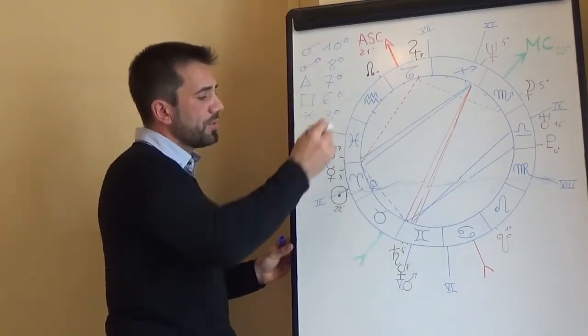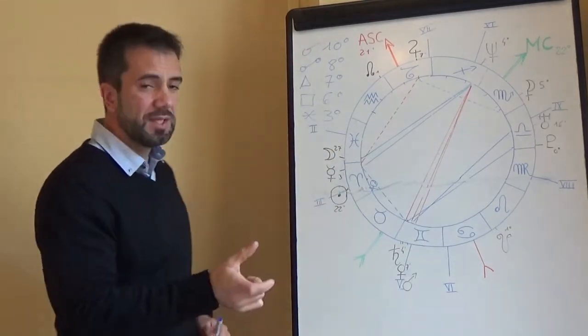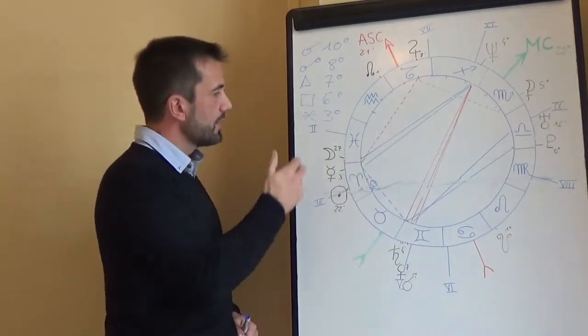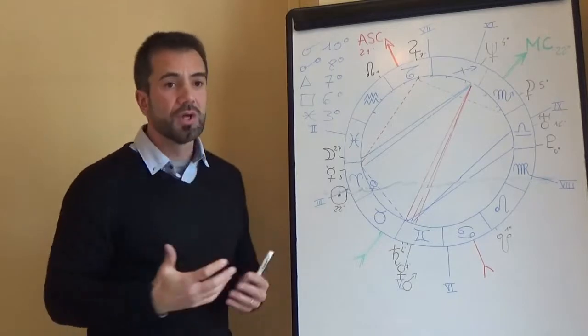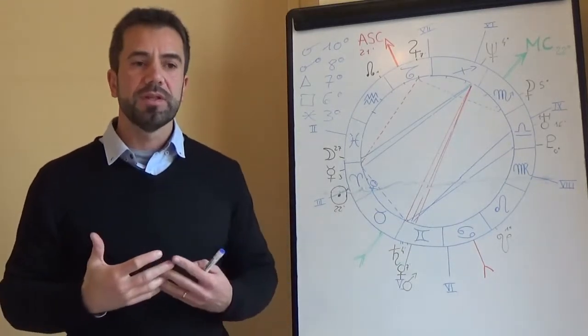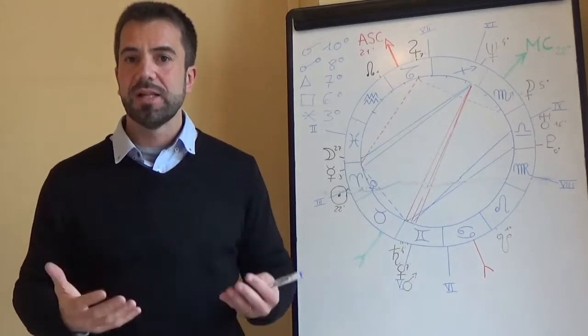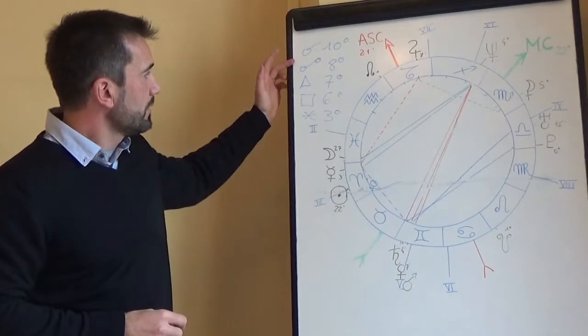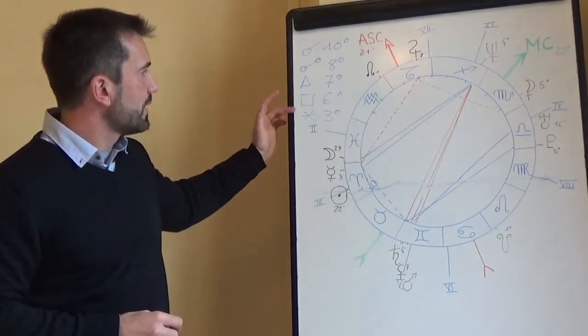These orbs are the degrees on each side of the position of the planet, and they show where the aspect is still valid. So 10, 8, 7, 6 and 3.